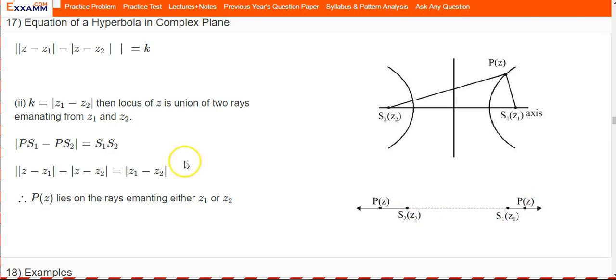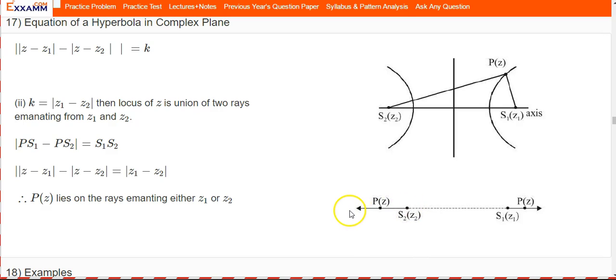In case of an ellipse, if modulus of z1 minus z2 was equal to k, then we said that z would lie on the line segment joining z1 and z2. But in case of a hyperbola, it has to be the other way around: z would lie anywhere but on the line segment joining S1 and S2, that is, on rays emanating from S1 and S2.